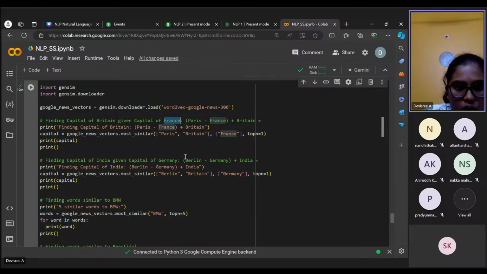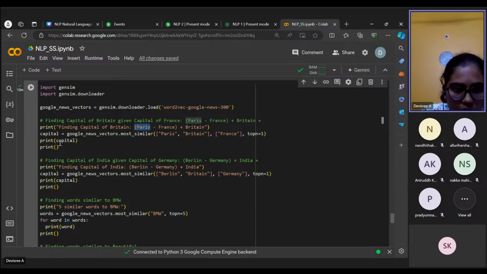So this is using the vector representation. As we saw in the image, the vector representation for the capital of Britain would be the vector Paris minus France plus Britain. So this would give you the vector representation of the capital of Britain.